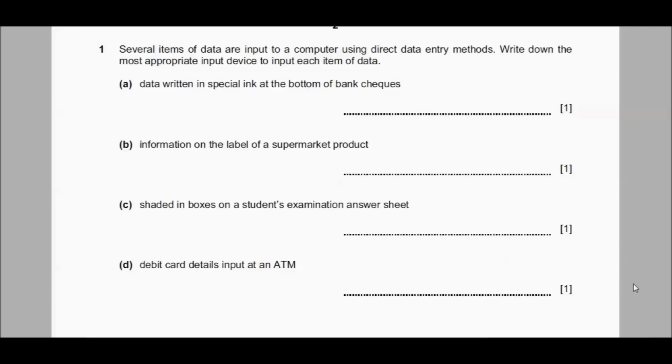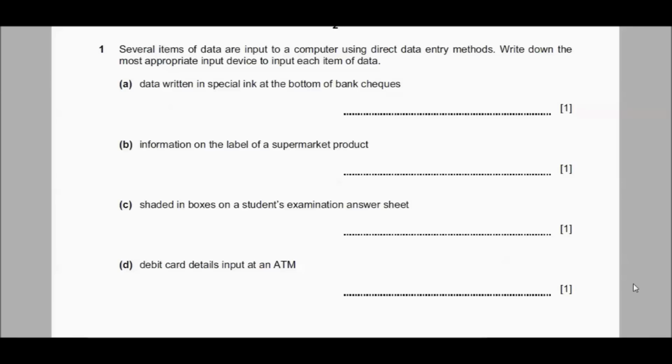So here, underline using direct data entry method, and also that it has to be the most appropriate input device. Now for some of these you might get more than one type of input device that could be used, so they're asking for the most appropriate.